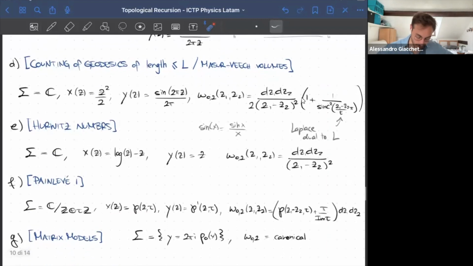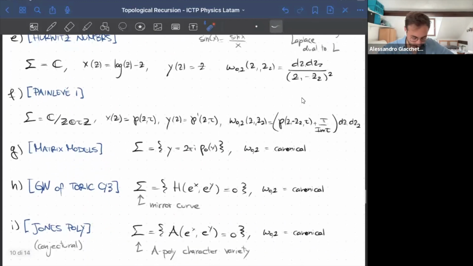You have examples from a generic matrix model, and the general form of the spectral curve is something like this. So the spectral curve is, as I said at the beginning, determined by the leading order of the spectral density, if you remember. And this is the equation where omega 0,2 is given in a canonical way.